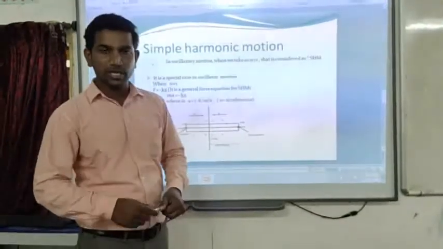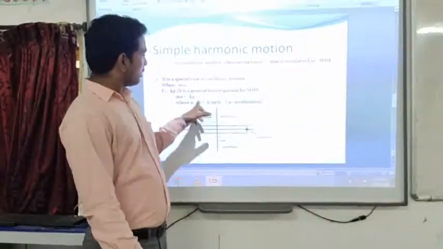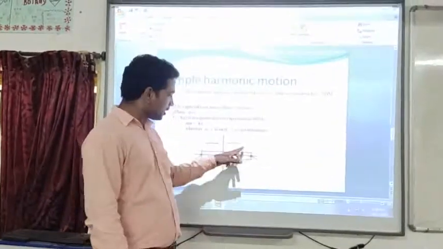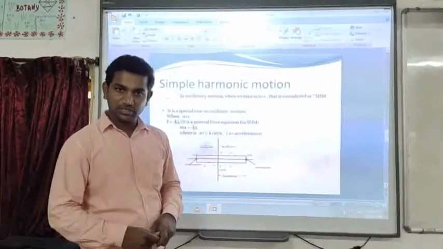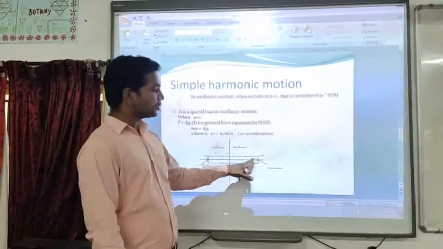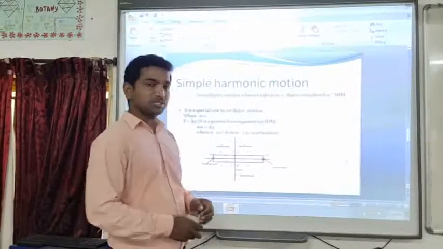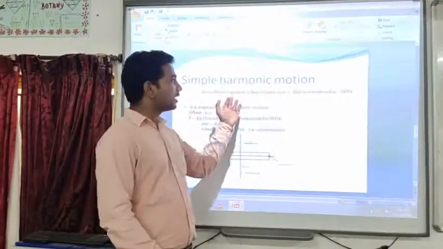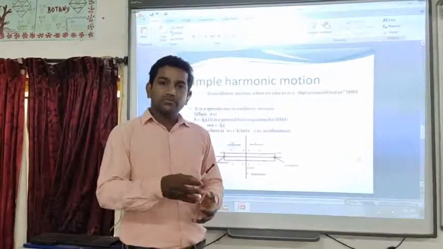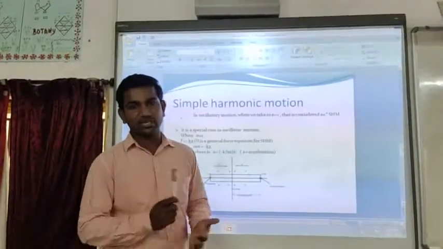If an object follows the condition that A is directly proportional to -x, the force always works towards the mean position, and displacement is always measured from the mean position, then we call it simple harmonic motion. So if any object is making simple harmonic motion, it should follow three conditions.